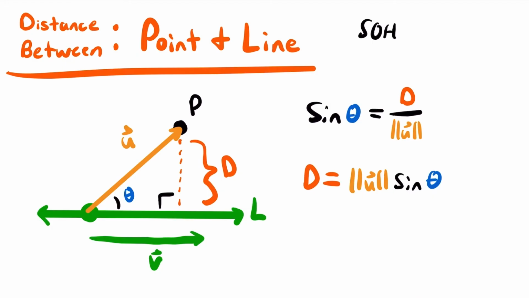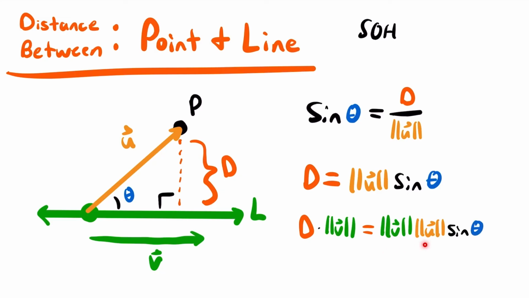And so what we're going to do is multiply both sides of this equation by the magnitude of that vector. And when we do that, something interesting is going to happen. We'll have that the distance multiplied by the magnitude of that direction vector will be equal to the magnitude of the direction vector times the magnitude of vector u times sine theta.